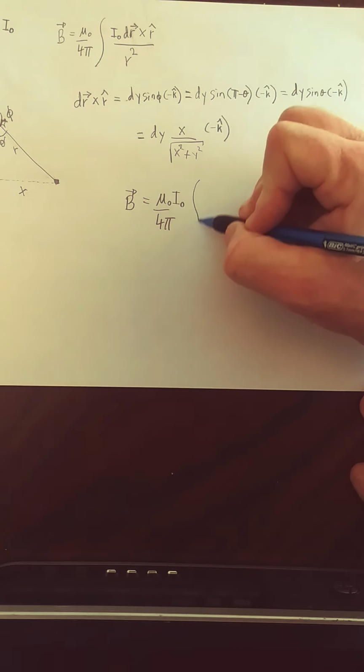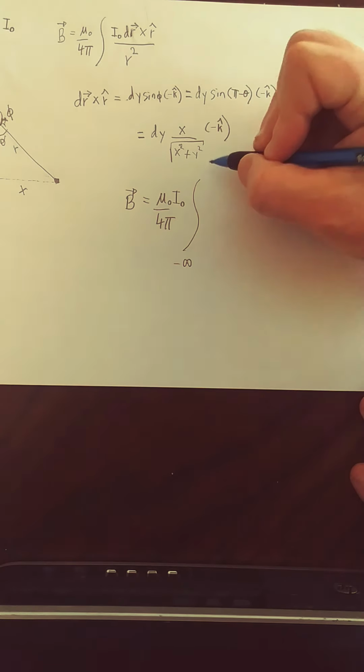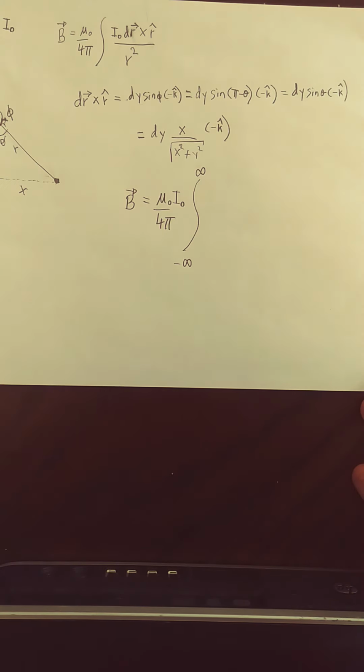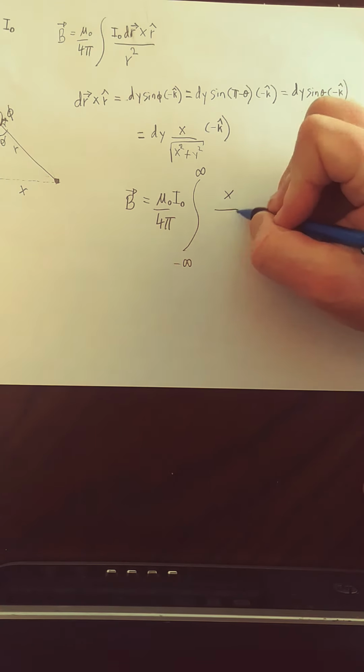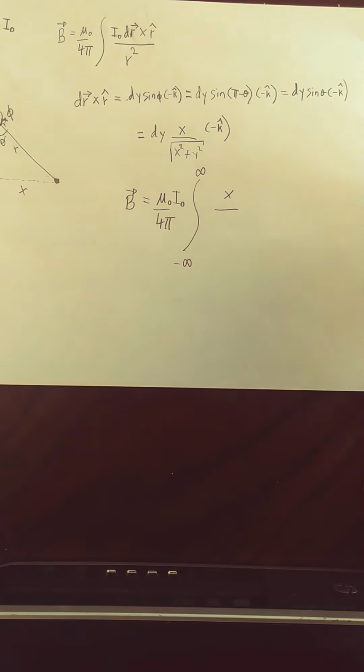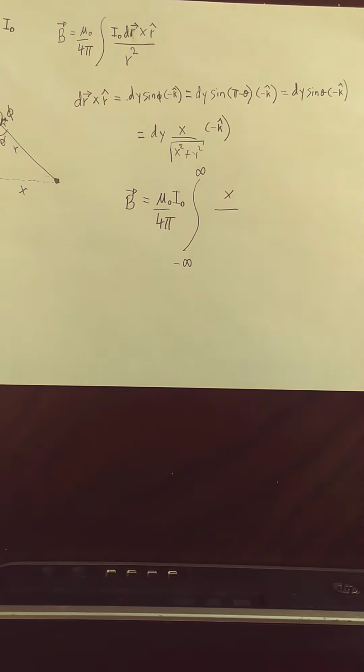We're integrating from y equals minus infinity to plus infinity, and our expression is x over x squared plus y squared, but we have the r squared in here, which is x squared plus y squared.